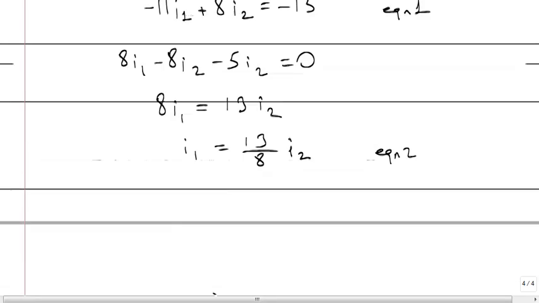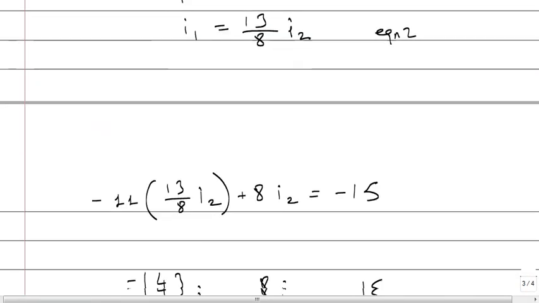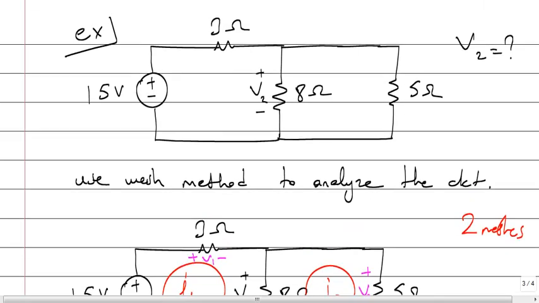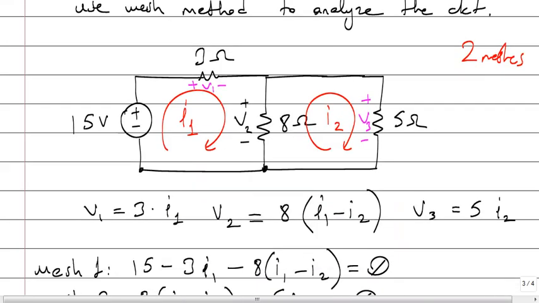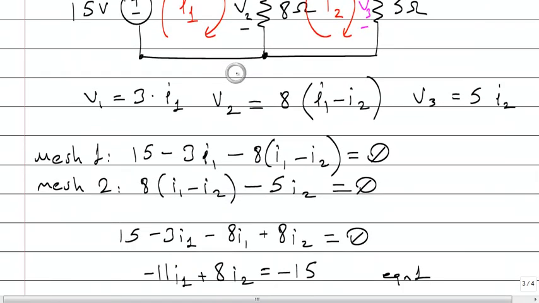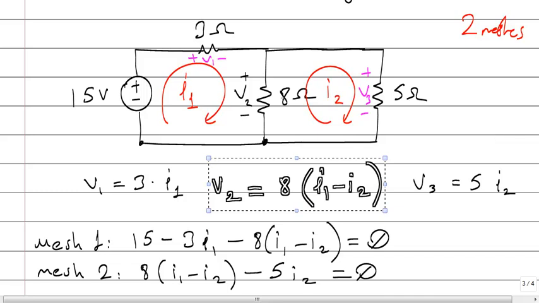And the question was, what was the question? V2. Find V2. Remember, what's V2? V2 is resistance times the current. The current of this resistor in terms of mesh currents is I1 minus I2. Okay, the total current flowing on that resistor.